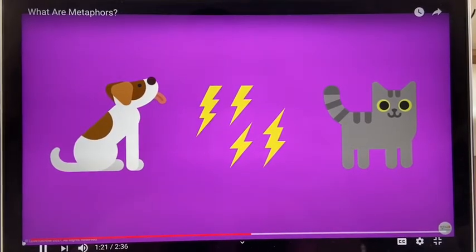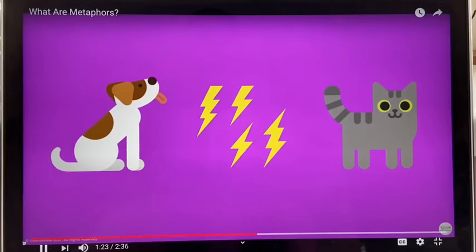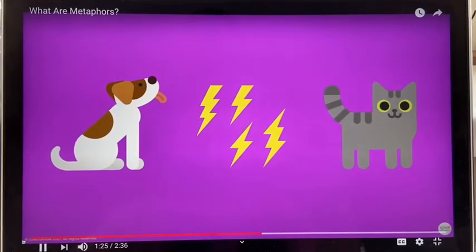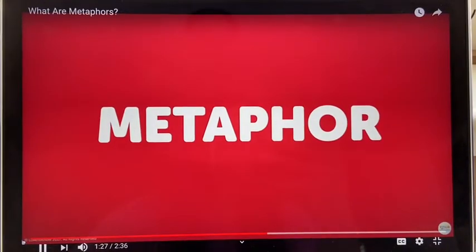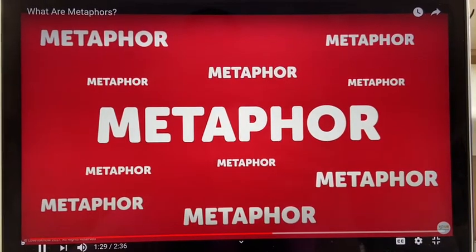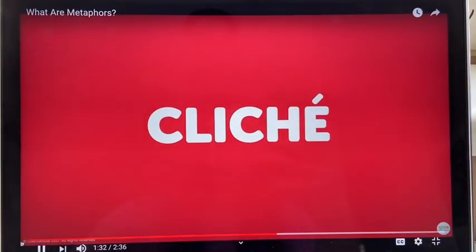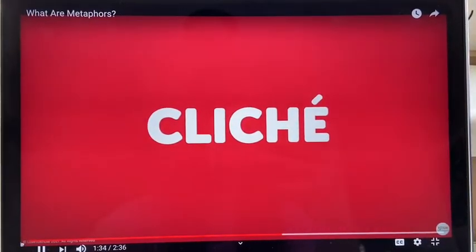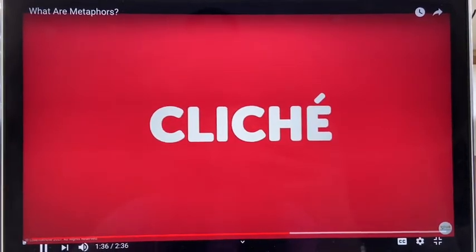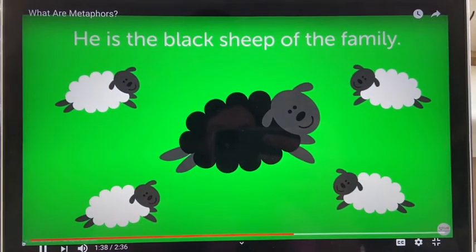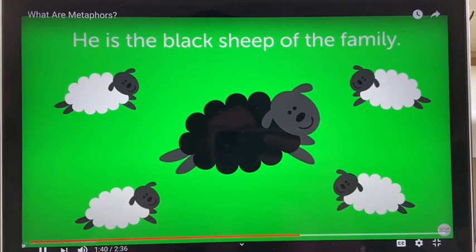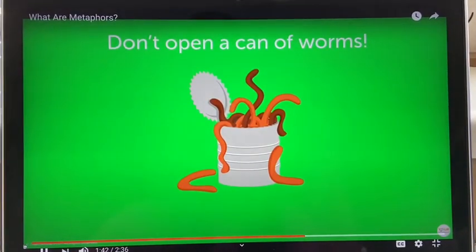Poet Carl Sandburg used metaphor when he wrote, the fog comes on little cat feet. Sometimes metaphors are overused. Then they become cliches. Have you heard of any of these cliched metaphors? He is the black sheep of the family. Don't open a can of worms.